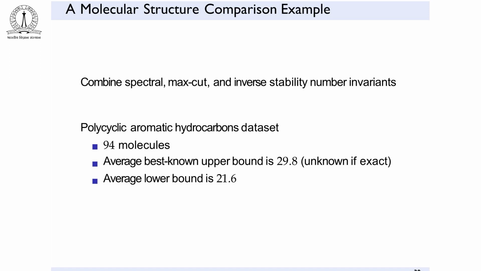We have no idea if this upper bound, the average upper bound produced by existing heuristics, is exact, right? Using all those 3 together in the same context, over 94 choose 2 pairs, we looked at lower bounds and the average lower bound, and that was this.